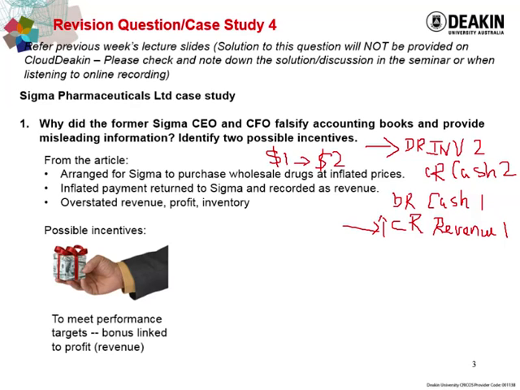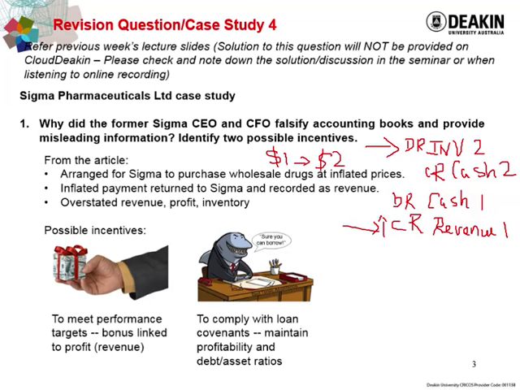Another potential incentive is to comply with debt covenants or loan agreements. When companies sign the loan covenants with banks, they are bound by terms and conditions. Companies are required to maintain a degree of profitability, liquidity, and leverage ratio. Say, for example, debt to asset ratio.